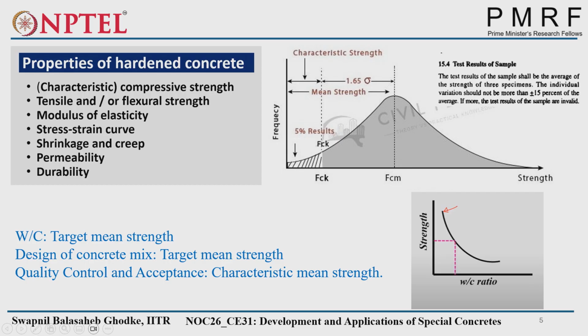According to clause 15.4 of the Indian Standard Code, the individual variations should not be more than plus or minus 15% of the average. Most probably, labs use only 3 cube specimens, so we check plus or minus 15% of the average for the individual cubes.